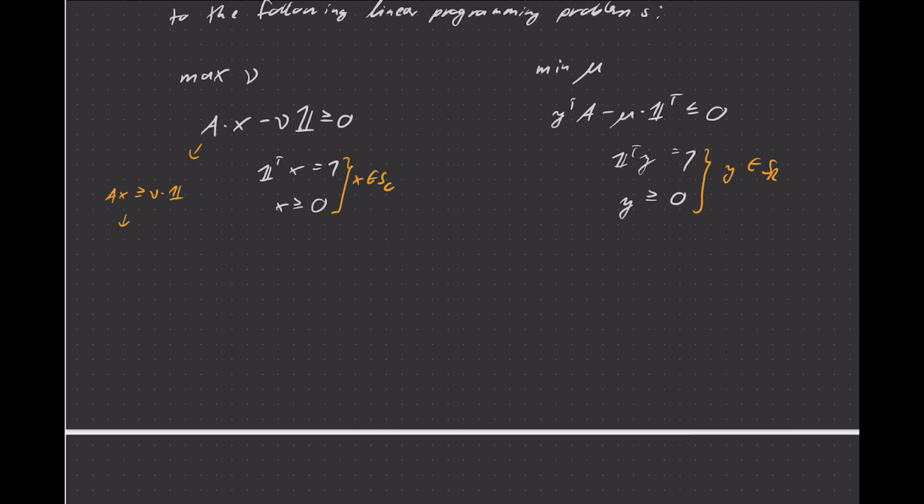So what that means is, no matter what row plays, the payoff y transposed Ax will always be greater or equal to y transposed 1 times nu, and that will be greater or equal to nu.